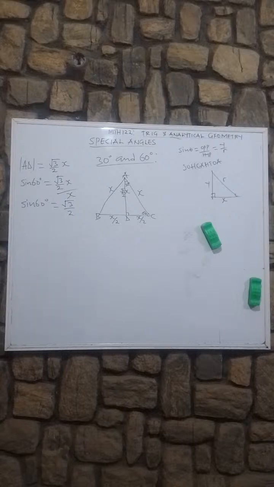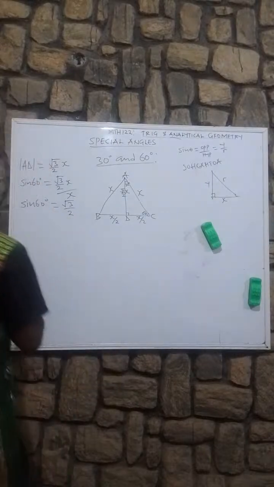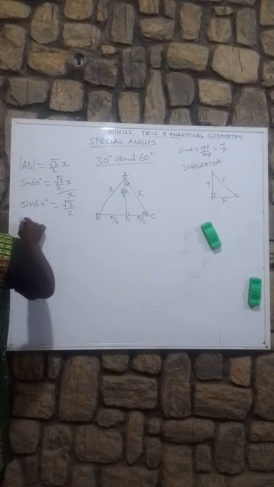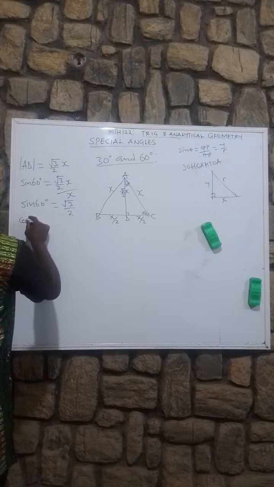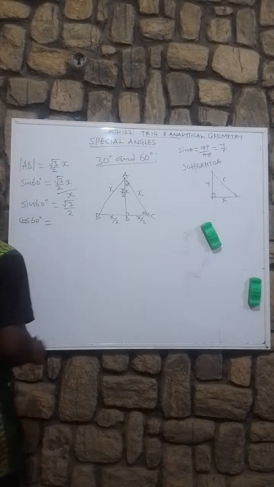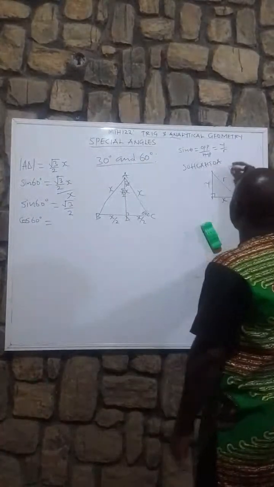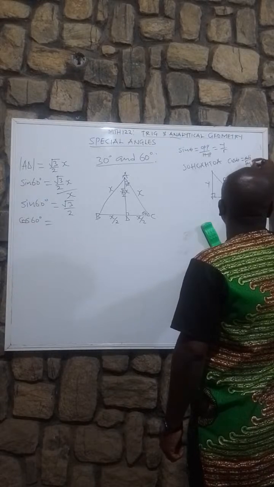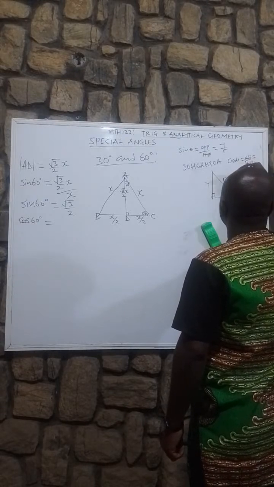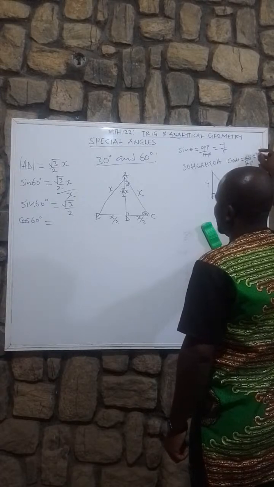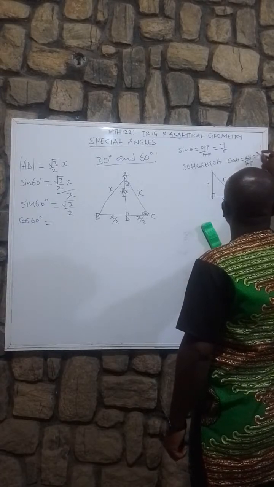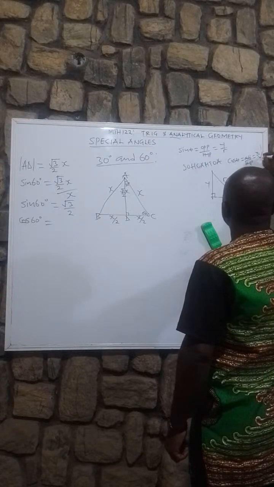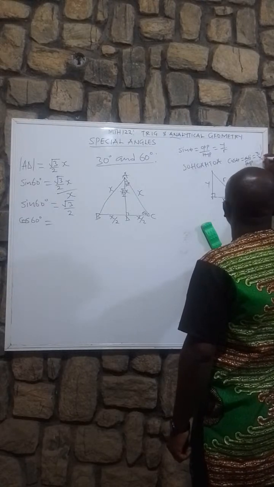Then let us also consider cos 60 degree. Cos theta is adjacent all over hypotenuse, right? This is equal to x all over 2 divided by hypotenuse x, right?